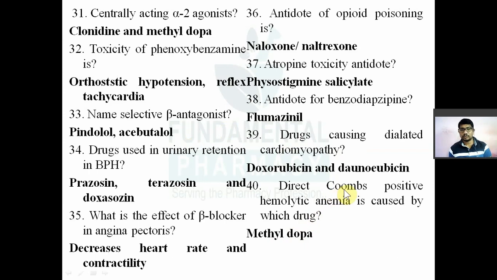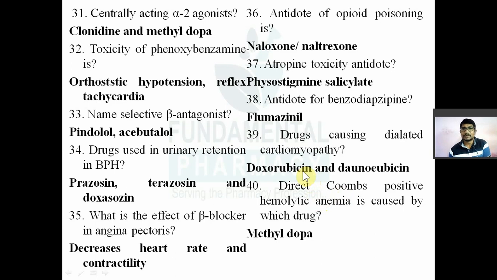So first of all you should know what is meant by Coombs test. Coombs test is a test used to diagnose hemolytic anemia of the blood. It is used to check whether you have hemolytic anemia or not. It is a test to recognize specific globulins present on the surface of RBC.